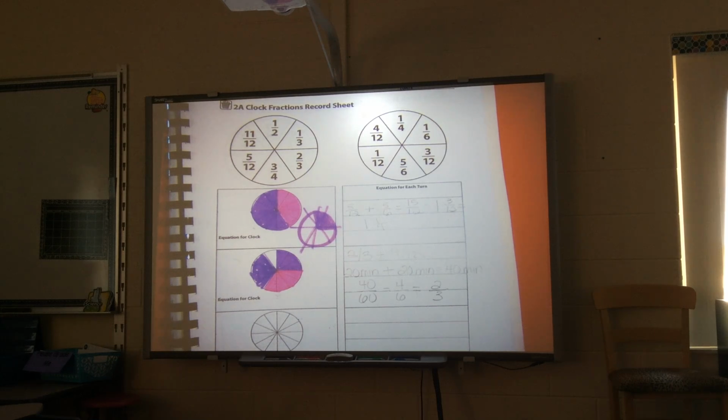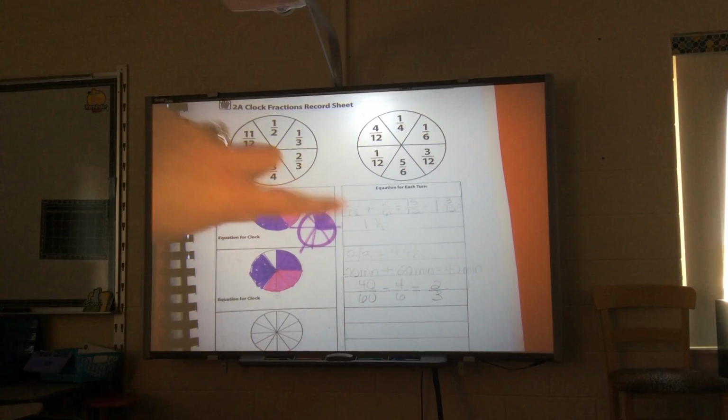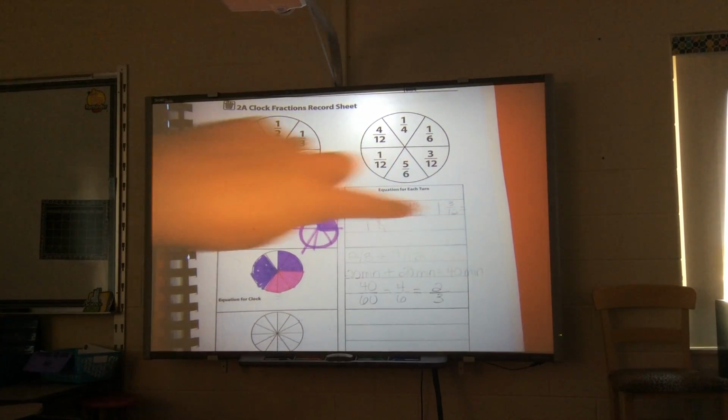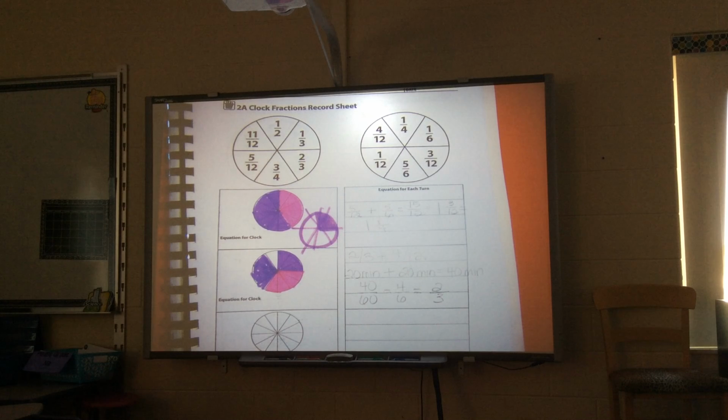Now, what happens if when it's time for me to fill up my 3rd clock, I get a spin like this, and I fill up my 3rd clock plus some? Guess what? You lose your turn. You don't get to color it in if it takes up more than the last clock.